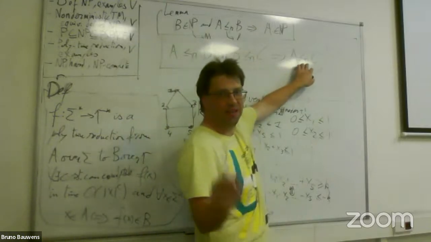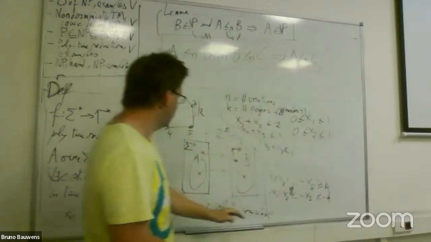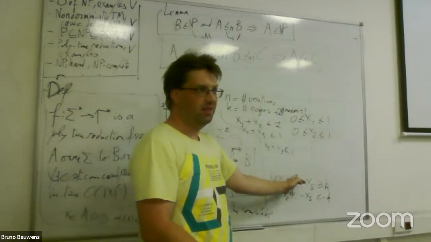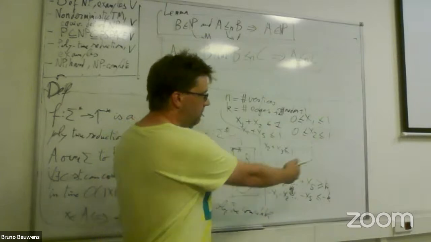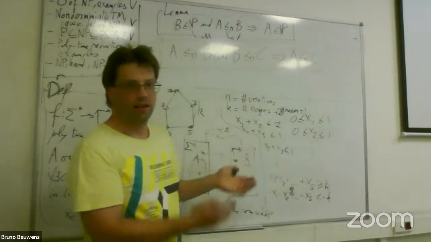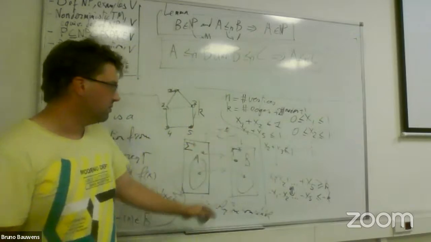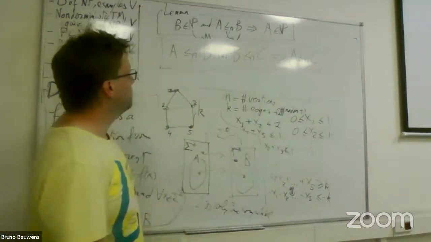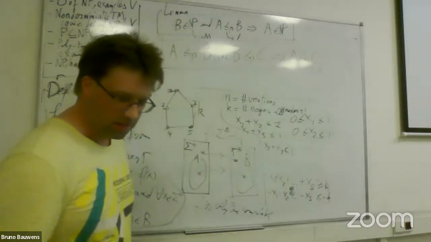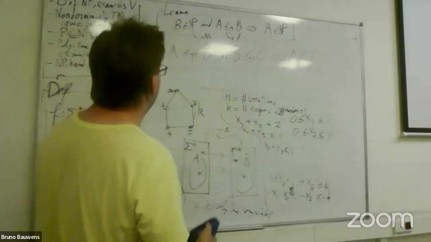We apply two reductions after each other, so we go from A to B, and then from B to C. The runtime can become larger for this reduction because the size of the input becomes larger, but it's the same argument. Okay. And after we understand this, let us say what is NP-hard.